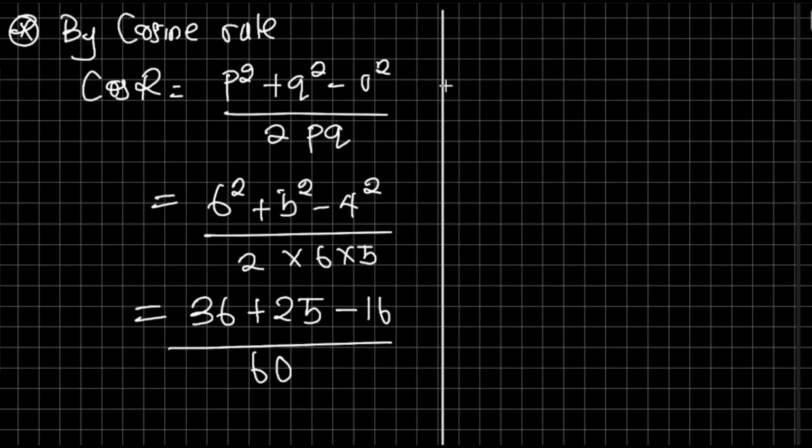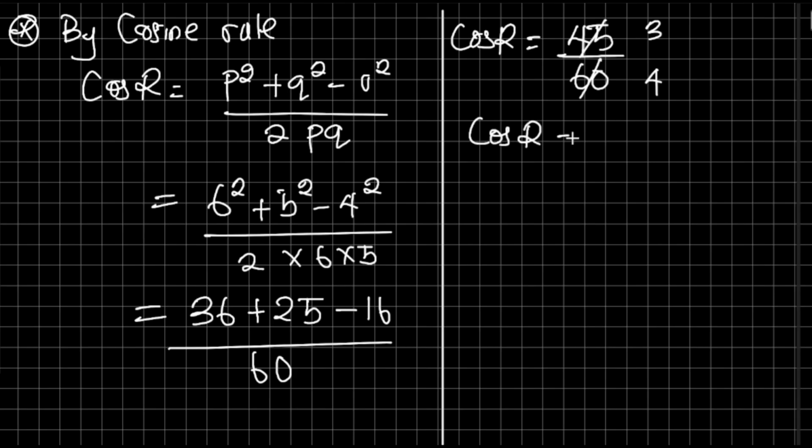So that is 45, so cos R equals 45 over 60, which simplifies to 3 over 4. So cos R equals 0.75.